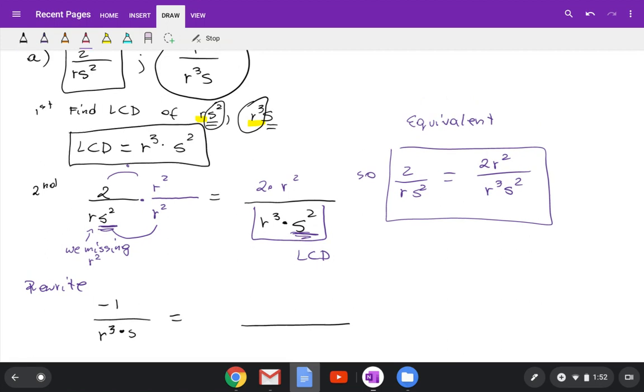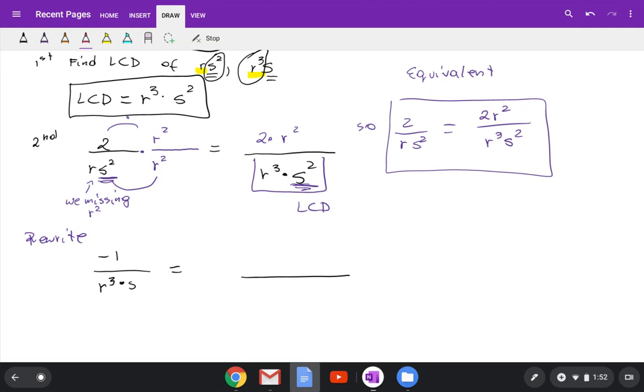Okay, so we want to have the new denominator, which is LCD, R to the third power times S squared. How are you going to convert that? So the same thing, multiply top and bottom, okay, of your original fraction by the factor which is missing in your denominator.